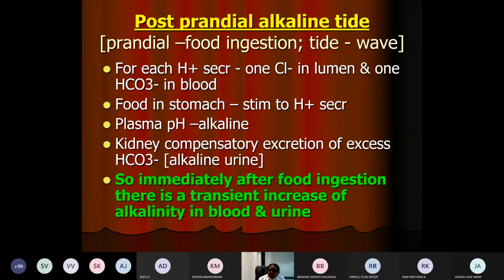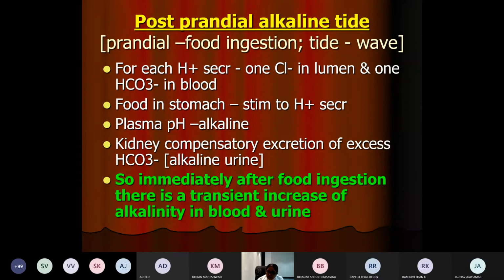Postprandial alkaline tide. Prandial means food ingestion, tide means wave. For each hydrogen secretion, one chloride in lumen and one HCO3 in blood. Food in stomach stimulates hydrogen secretion.